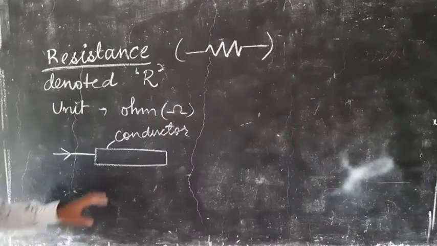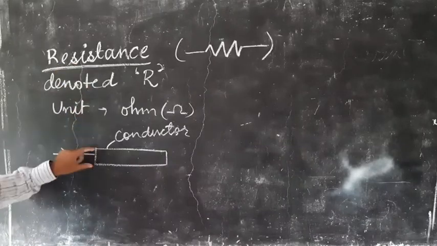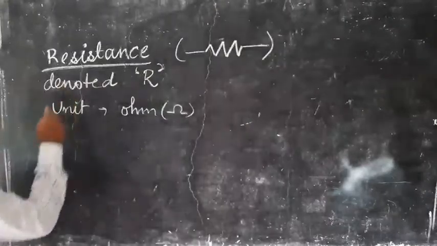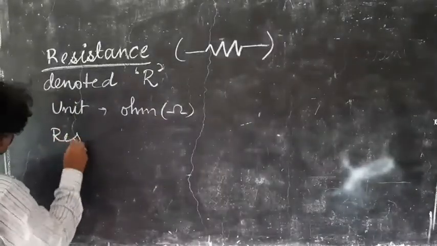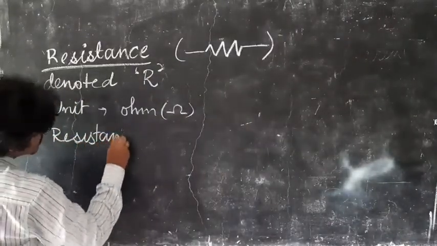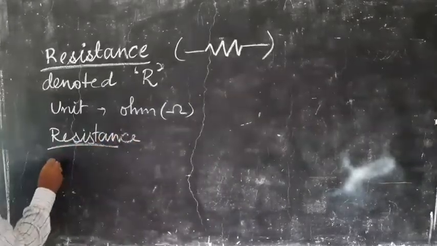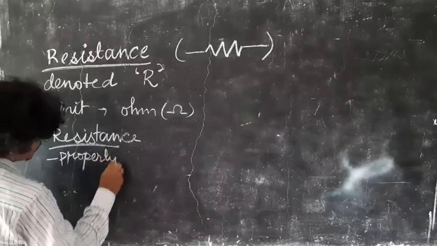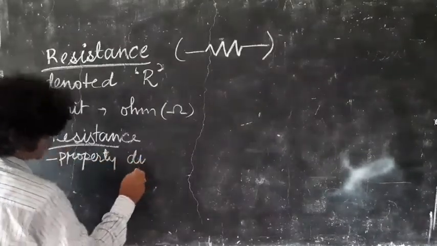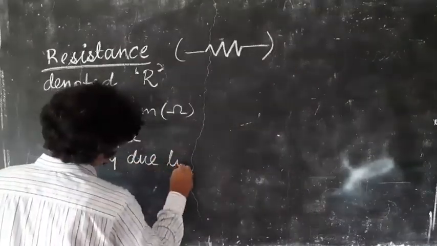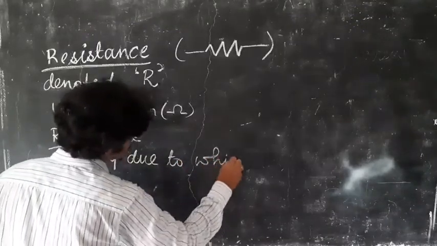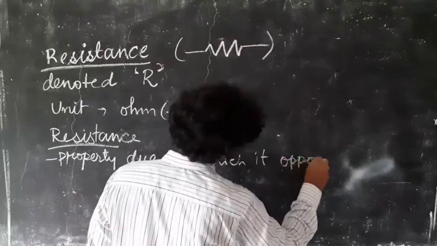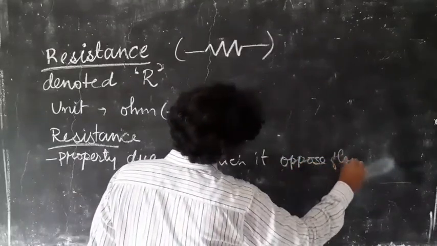So resistance depends on the type of material. So let us write what is resistance. It is the property due to which it opposes flow of current.